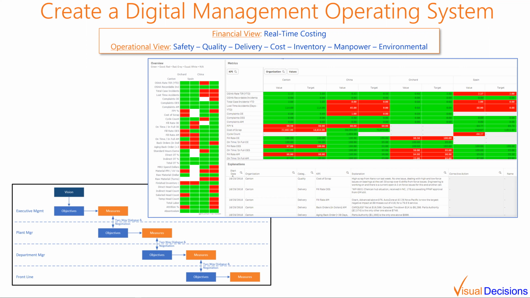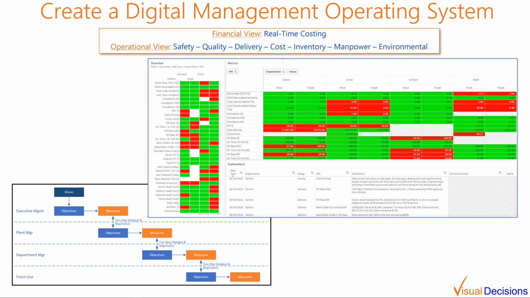And so whether it's the operational view that's traditional within operations and looking at metrics around safety and quality, delivery, cost, inventory, manpower, environmental, those different types of categories and the KPIs that fall within those categories, or whether it's really that financial view of what does all of that cost?